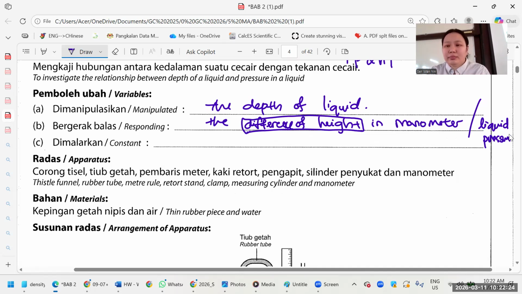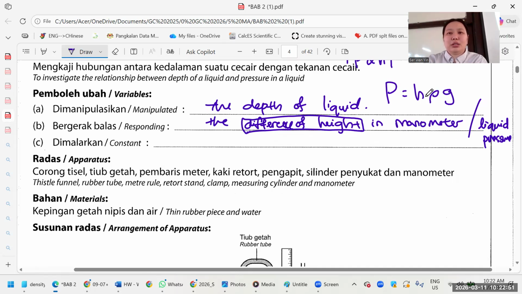Yeah, liquid pressure. We cannot see it directly, so we use the difference of height to indicate it. So the constant variable should be found from P equals to H rho G. Since H is your manipulated variable, P is your responding variable.